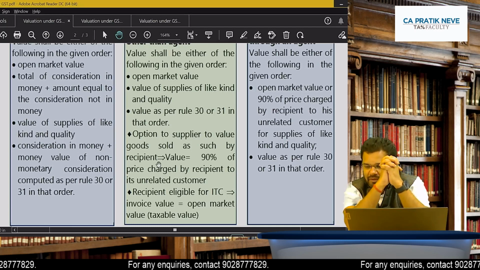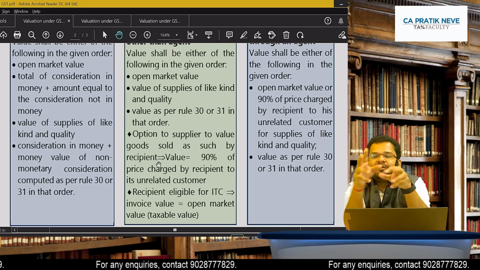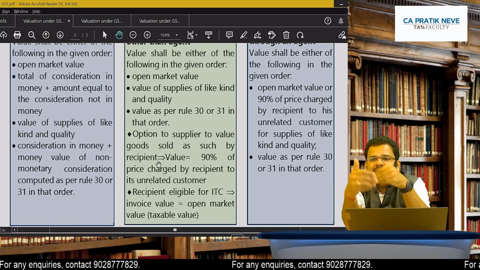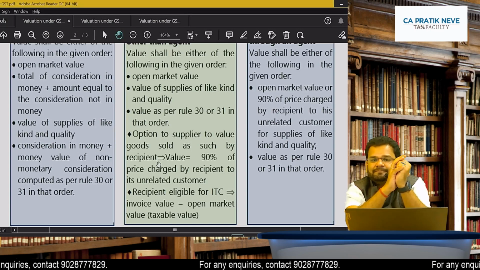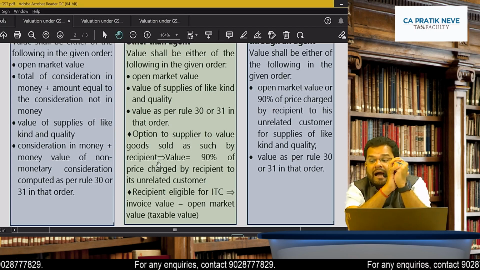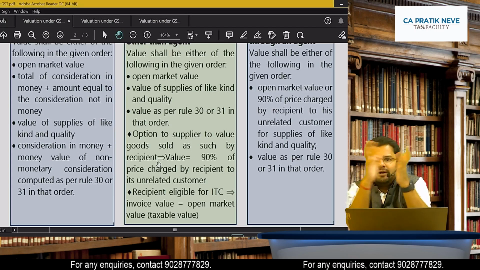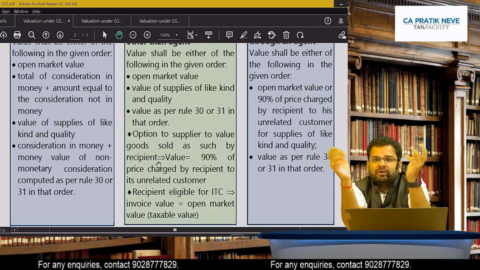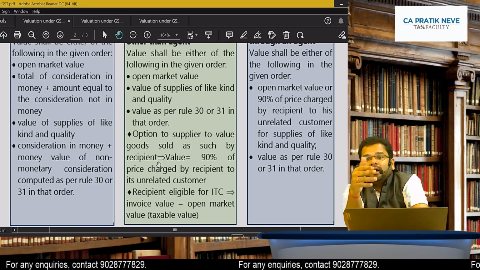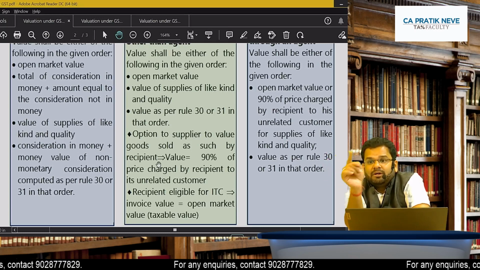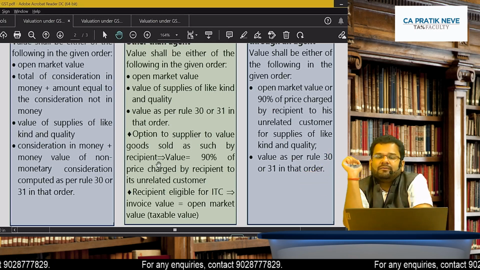Now pay attention. Why I break this link is I want to give a totally different example. So Prasuna, I am A, you are B. We both are related to each other. Agreed? Yes. Now I sent you the goods. I don't know my value of the goods because I just sent you. You have sold such goods to C, but you and C are not related.